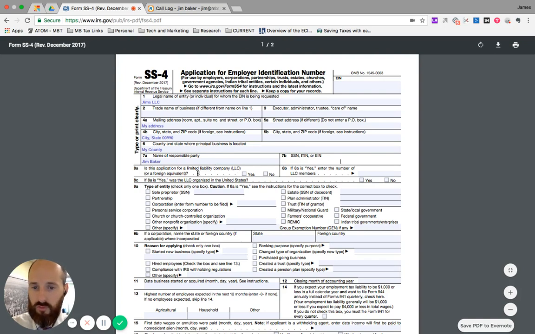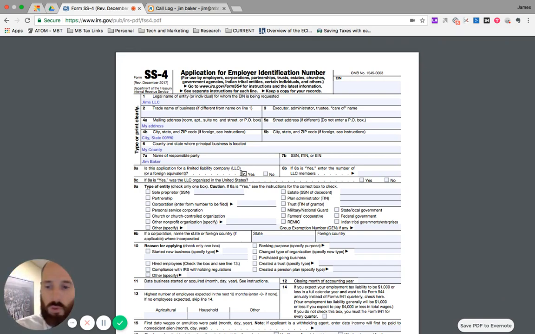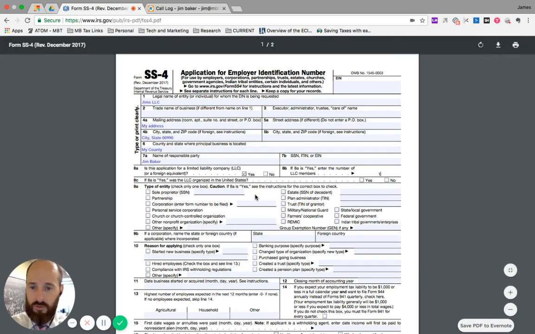So again, it's an LLC. Is this application for a limited liability company? Yes. Number of members. If it's a single member, it's only going to have one. If it's multi, it's going to be a partnership. If it's multi-member, if yes, was the LLC organized in the United States? Yes. So we're talking about single-member LLCs. So that's nothing on this list.